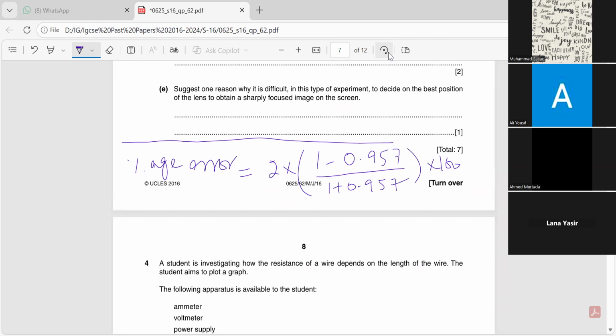So let's calculate. I'm doing 2 times 1 minus 0.957 over 1 plus 0.957, times 100.